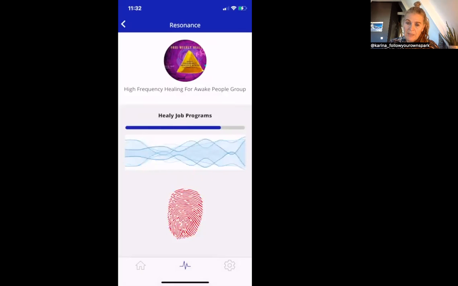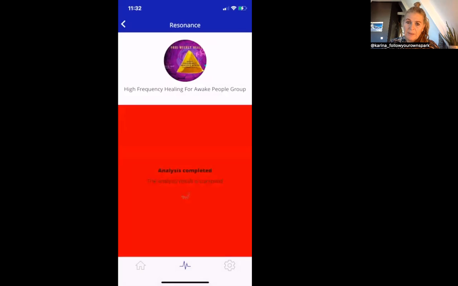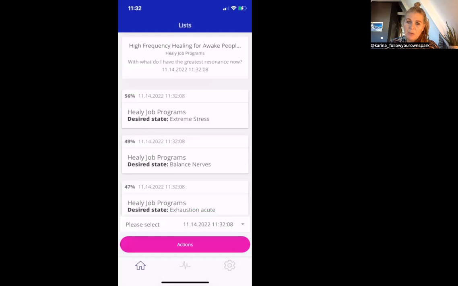And the measurement is going on now of what, with the intention I hold for the complete group, is most needed at the moment. So we can see the report rolling out here. I can also make a PDF of this and send it to people, but I will now put it in the group files after this Zoom.